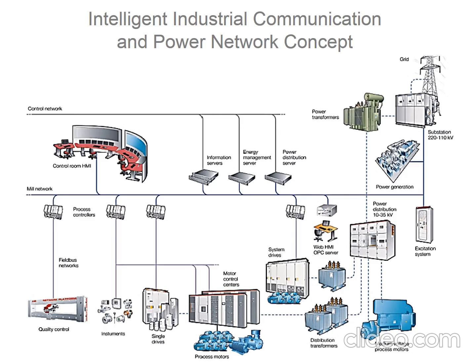From the motor control center, there are single devices, instruments, and quality control. All are interconnected with each other and controlled by the network here. There are servers here: the energy management server, power distribution server, and information server. All controlled here.